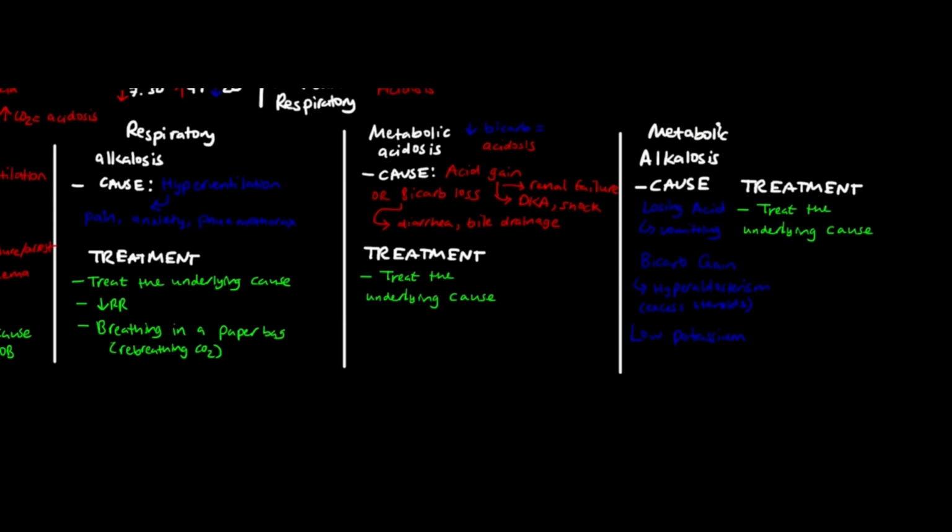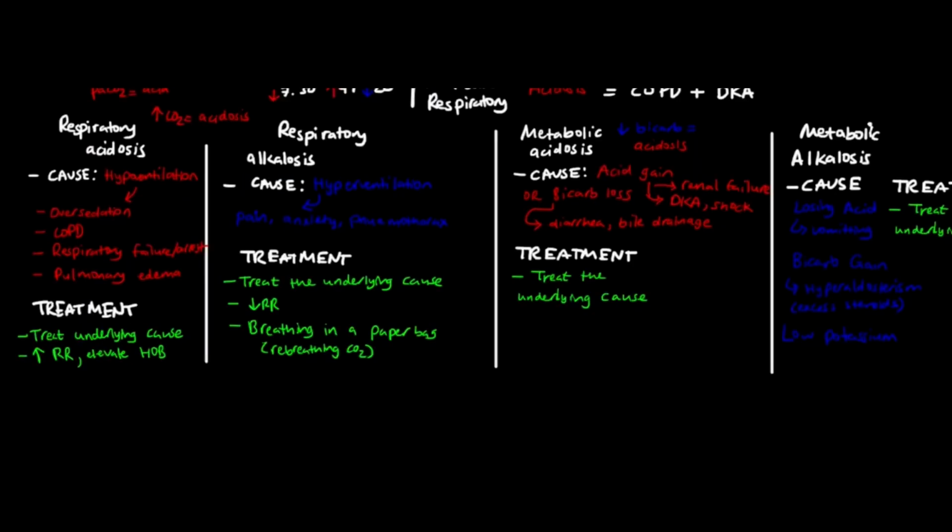So in a situation like this, what is happening is that we have someone who has maybe COPD and they are in a state of diabetic ketoacidosis. The COPD is causing the respiratory acidosis, and the DKA is causing the metabolic acidosis.